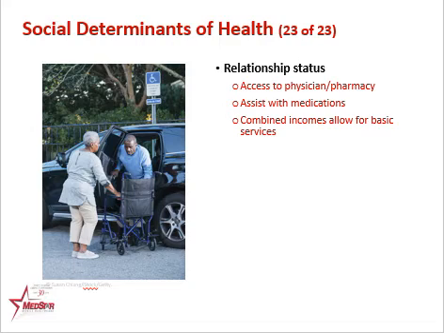In the case of marriage or similar shared living situations, two people means 2 incomes, which can determine where a person or family falls on the social gradient. Combined incomes may allow for at least basic services. An employer may offer health insurance to cover family members' needs.